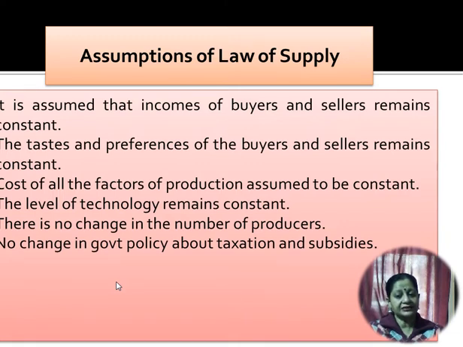So it is already assumed that the factors of production remain constant. The level of technology remains constant. There is no change in the number of producers and no change in government policy about taxation and subsidies. So these are some of the assumptions on which the law of supply actually works.